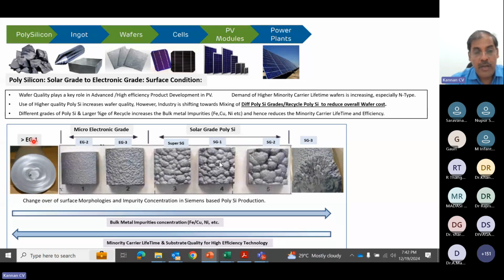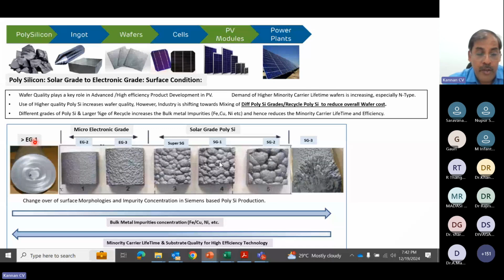So EG1 is a kind of 11N, 12N purity, 99.99999 purity. So the concentration of impurities like transition metals, iron, nickel, copper, will be at the ppb level, sometimes at the ppt level, parts per trillion level.